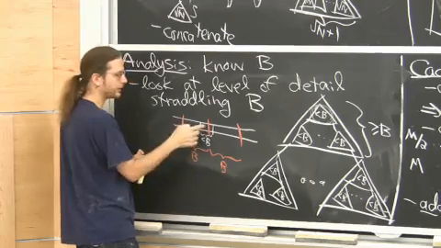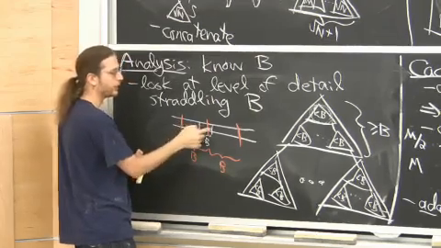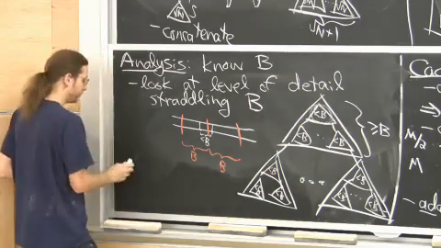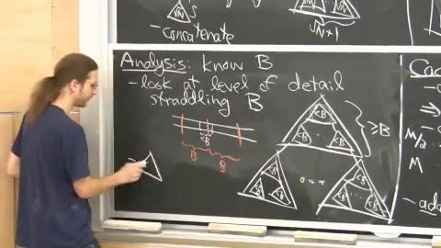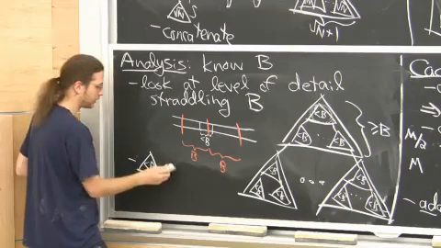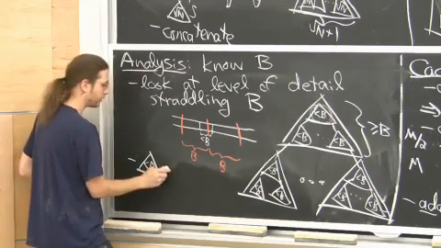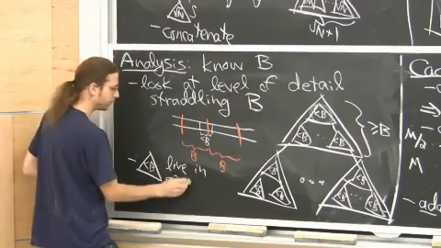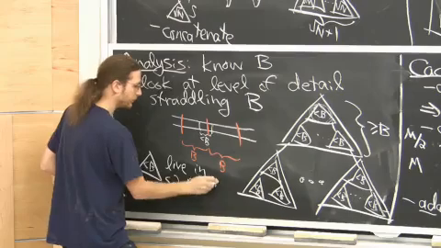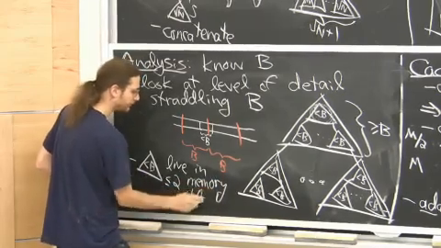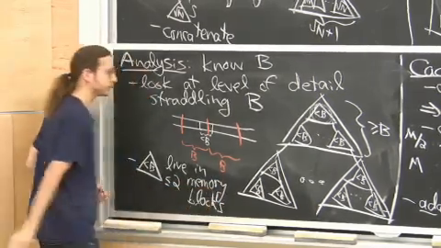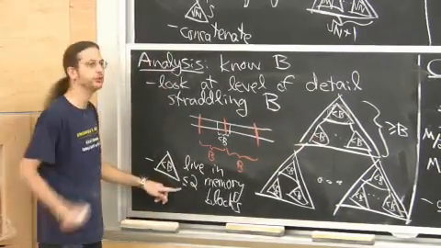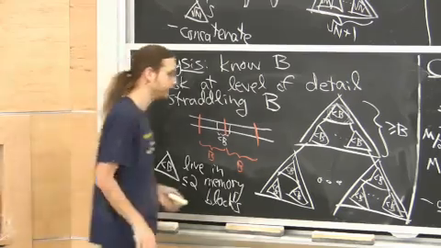So it could be that this little subarray falls into 2 blocks, but at most 2 blocks. So the little triangles of size less than B live in at most 2 memory blocks. So to visit each of these little triangles, we only spend 2 memory reads at most.